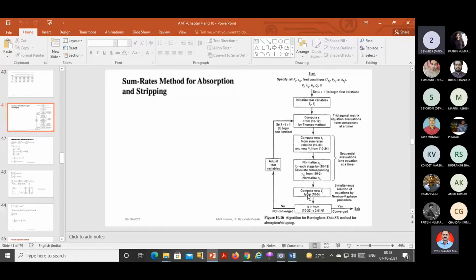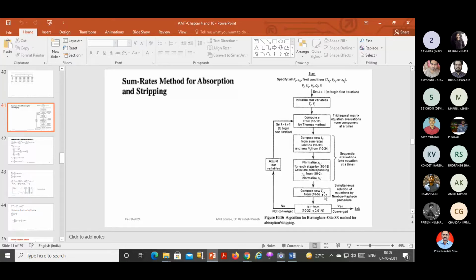Then we have to modify Tj. Let us see how to modify Tj. In the previous algorithm, to modify Tj, we took the help of bubble point calculation. There, in the bubble point calculation, we do iteration for temperature to get the converged temperature, and that temperature is considered as the modified temperature.